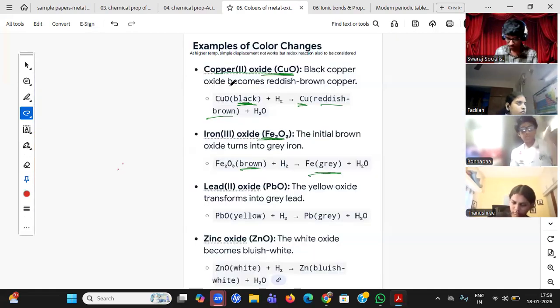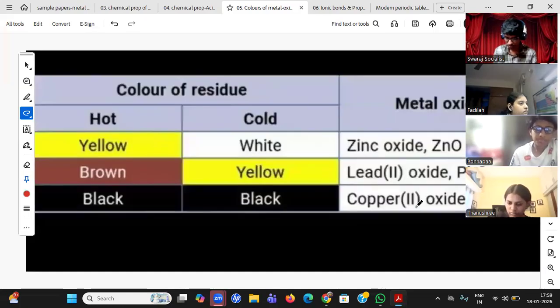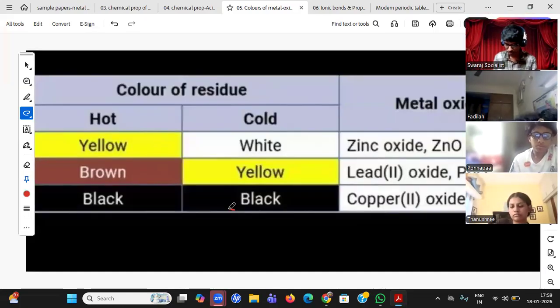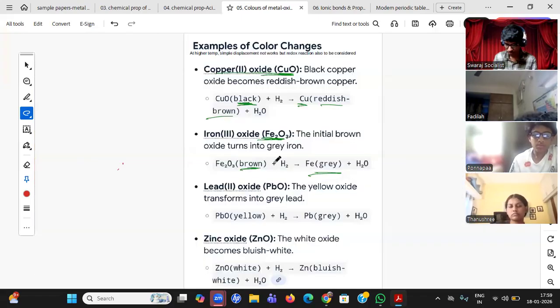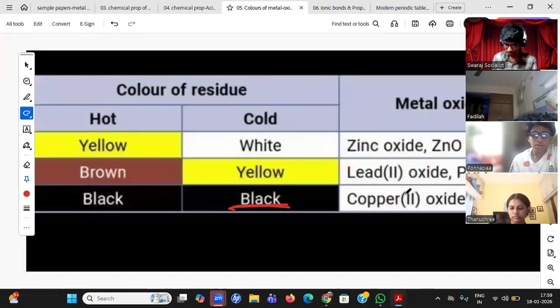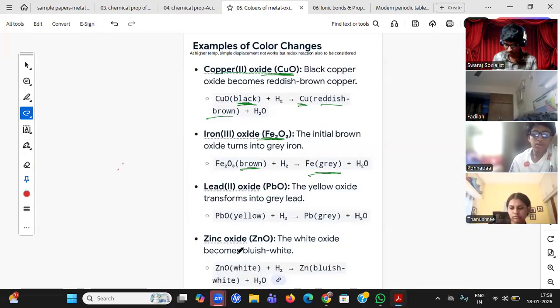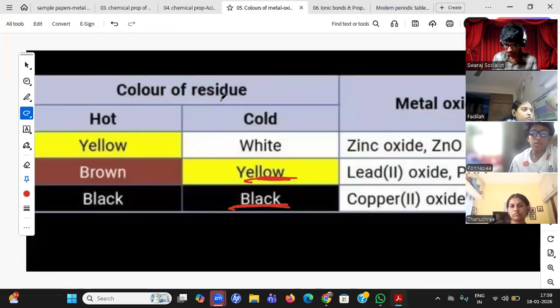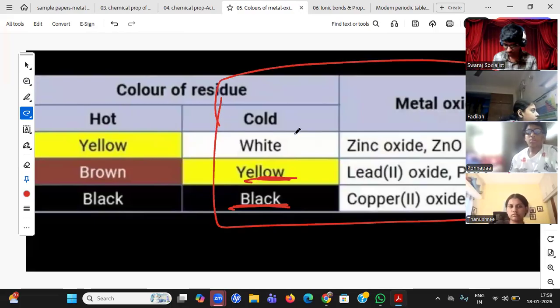Mostly they ask on cold only. So you see, copper oxide is black. Iron oxide is not here, let me check. Lead oxide is yellow. Zinc oxide is white. You can take this one: metal oxide colors.